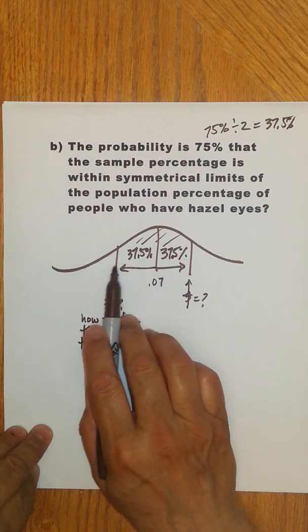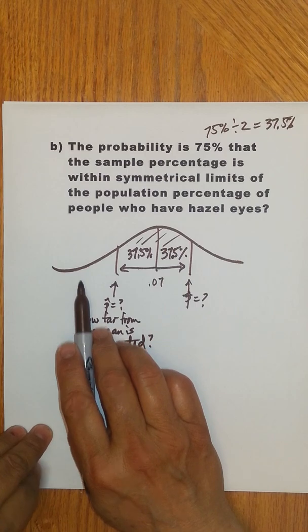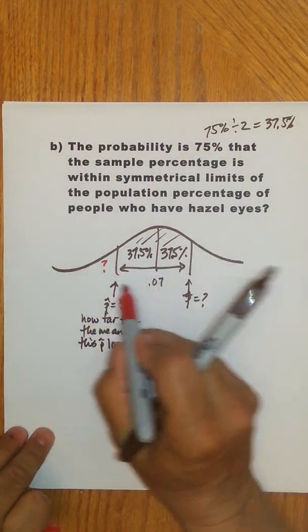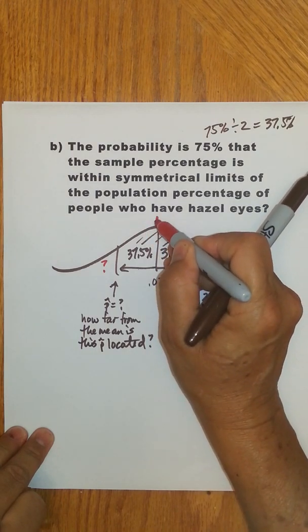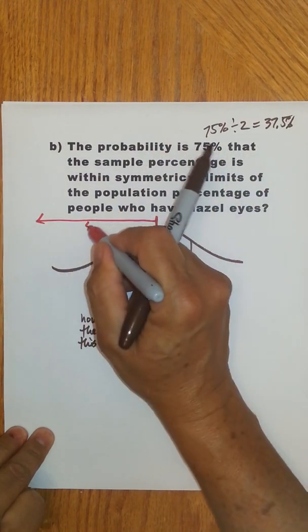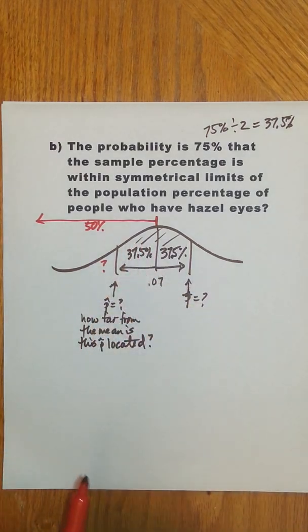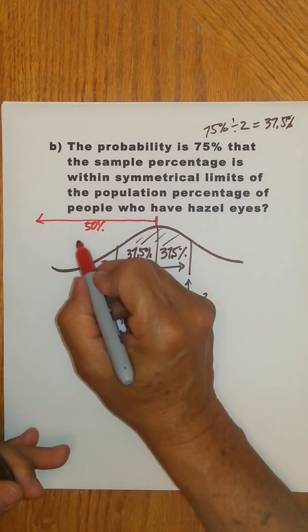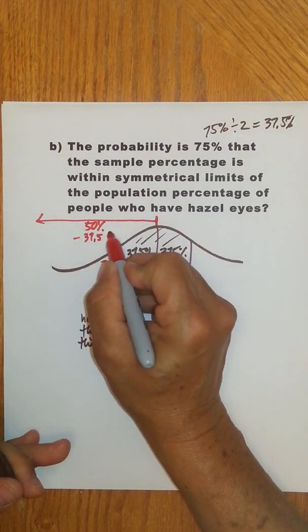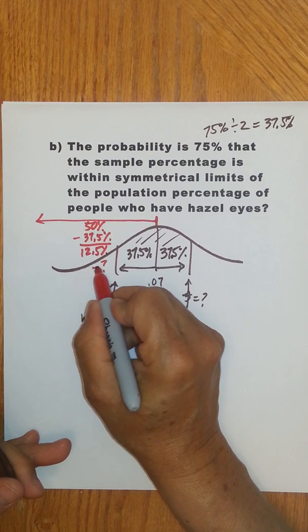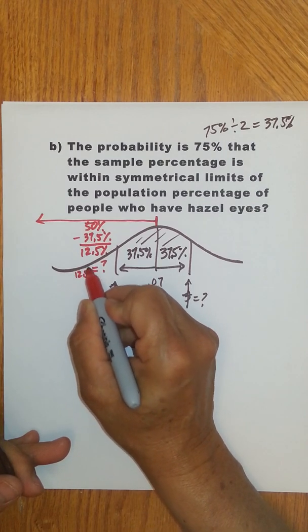Now remember, Invnorm always assumes you have area to the left. So what is the area to the left here? Well, we know from dead center all the way back is 50%, and we know this piece is 37.5%. So if we subtract 37.5% from 50, we're going to get 12.5%.